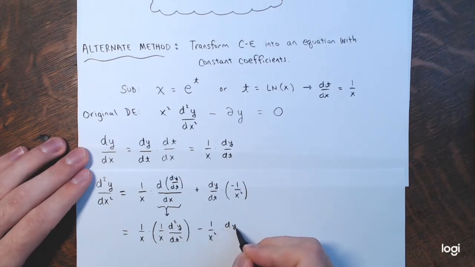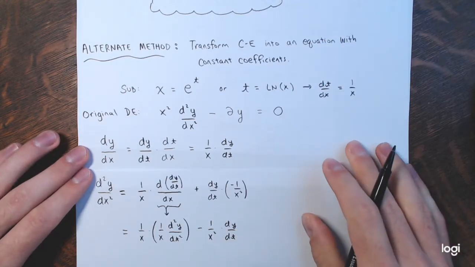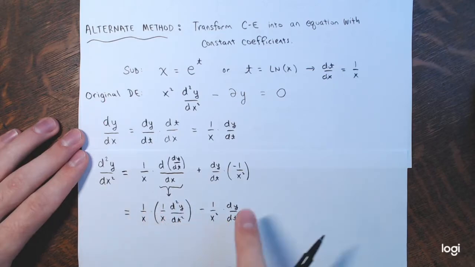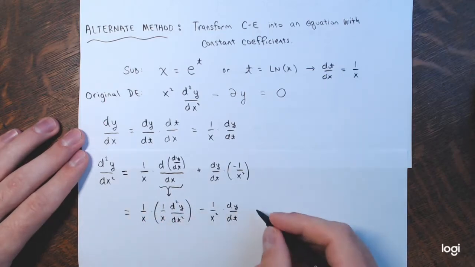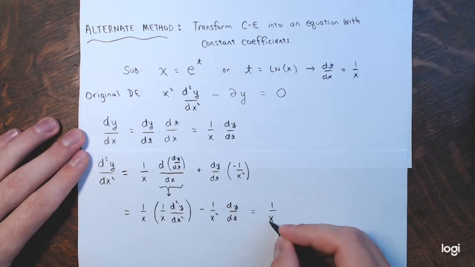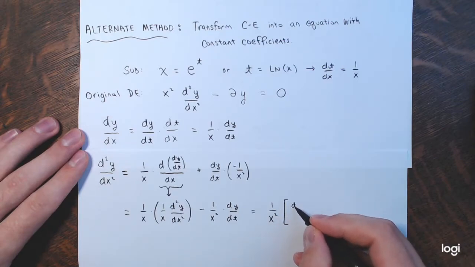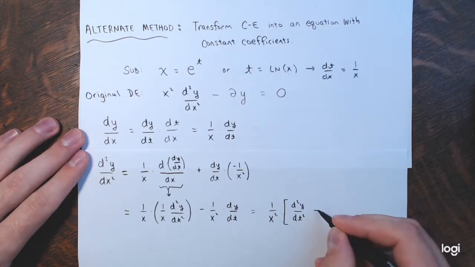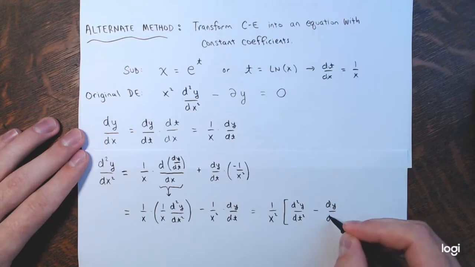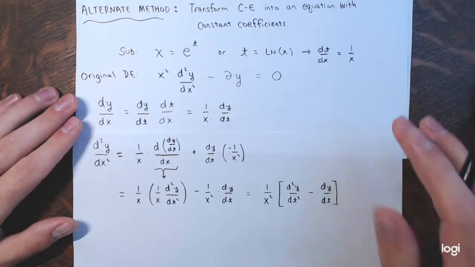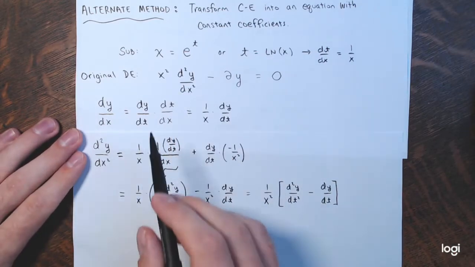All right, now I have an expression where the second derivative of y with respect to x is in terms of the derivatives of y with respect to t. That's 1 over x squared times the second derivative of y with respect to t minus the first derivative of y with respect to t. And look what happens when I make this substitution into my original differential equation.